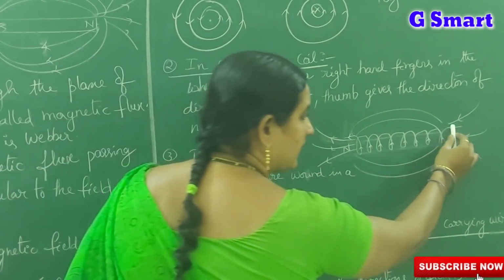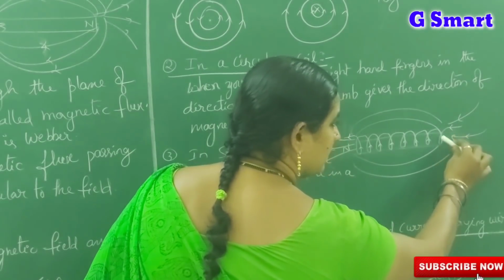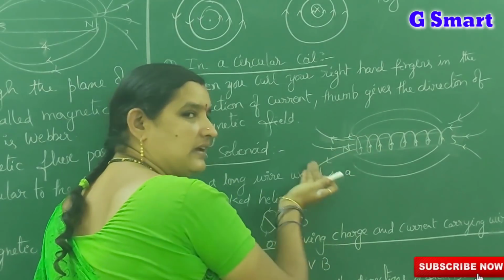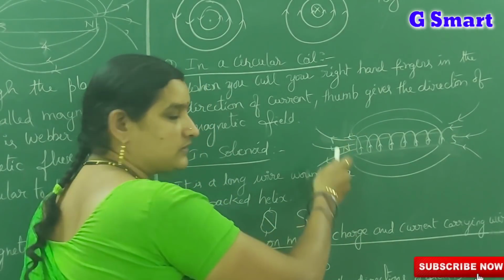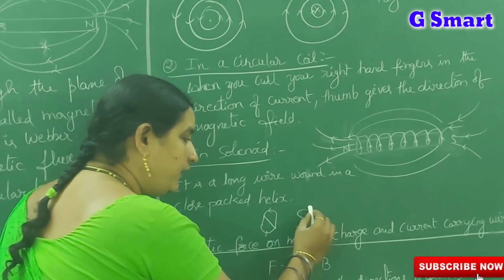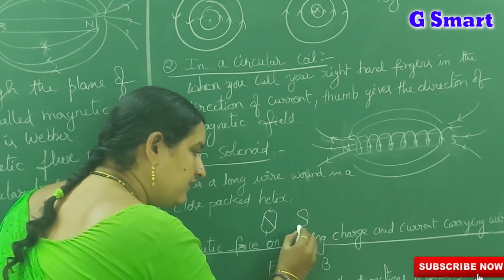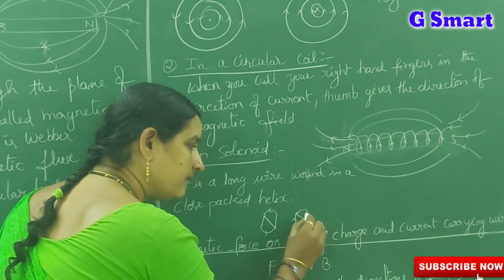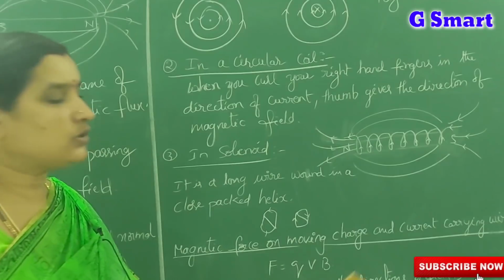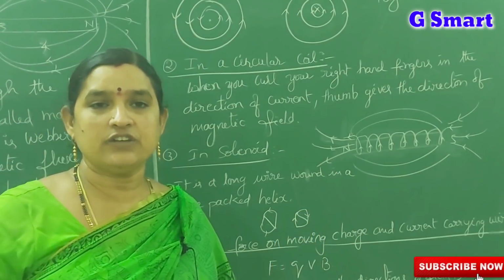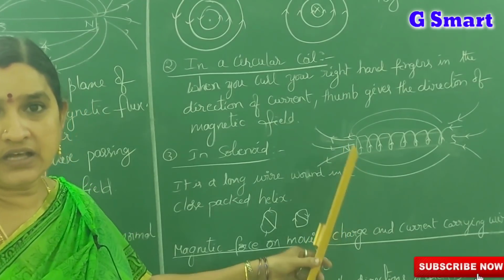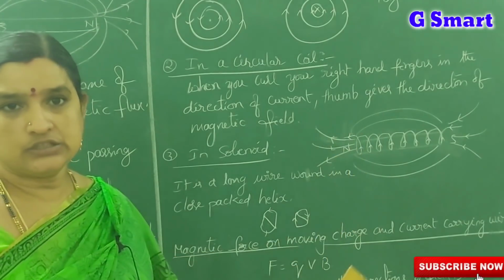Here the current is moving clockwise, and from here onwards it acts anti-clockwise. So at anti-clockwise, it forms the north pole. For the south end, if you connect the ends, in which direction are we connecting? Clockwise. So when the current passes through the coil in clockwise direction, we get the south pole, and in anti-clockwise we get the north pole in a solenoid.